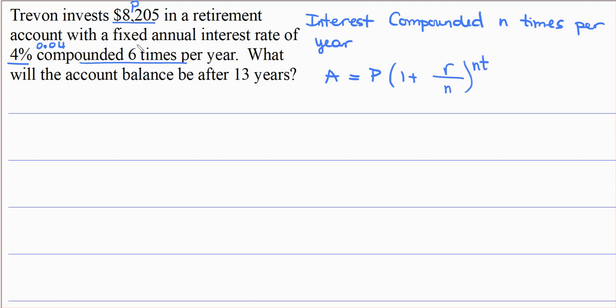So in this case, our n is 6, and our t will be 13. So I'm using the formula.